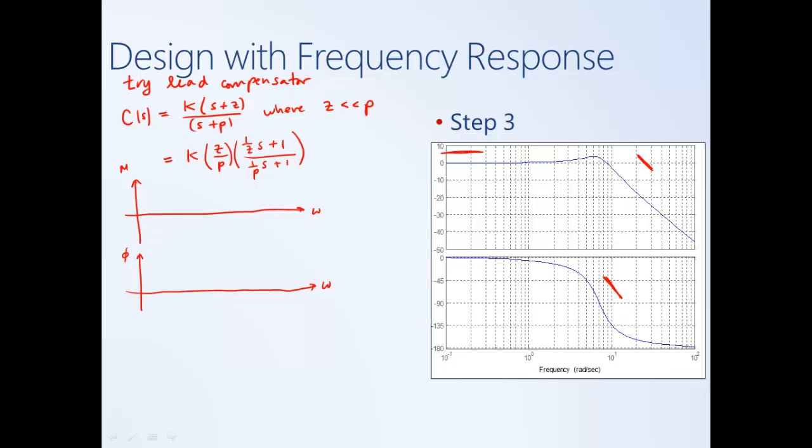So looking at this, the system has some DC gain corresponding to K times Z over P. So let's say that's 0 dBs, and there'll be some gain. If we want to bump up the DC gain, if we want to bump up the magnitude at low frequencies, what must need to be true about K times Z over P?